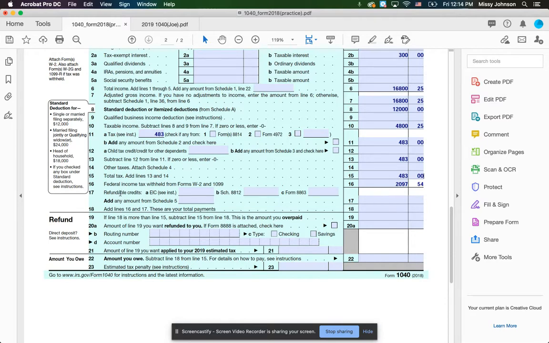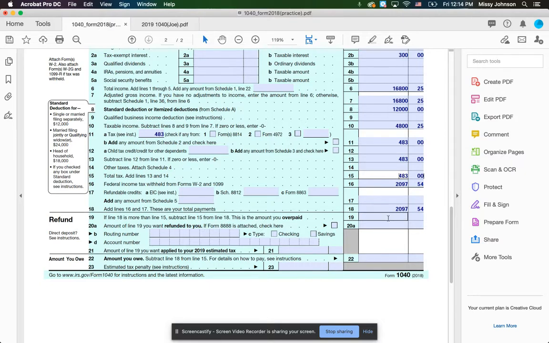Line 17, refundable credits. Again, we would get forms. We're not going to worry about that. Line 18 says to add, so we're adding 0 to the 2,097. Now it says line 19: if 18 is more than 15, which it is, subtract 15 from 18.